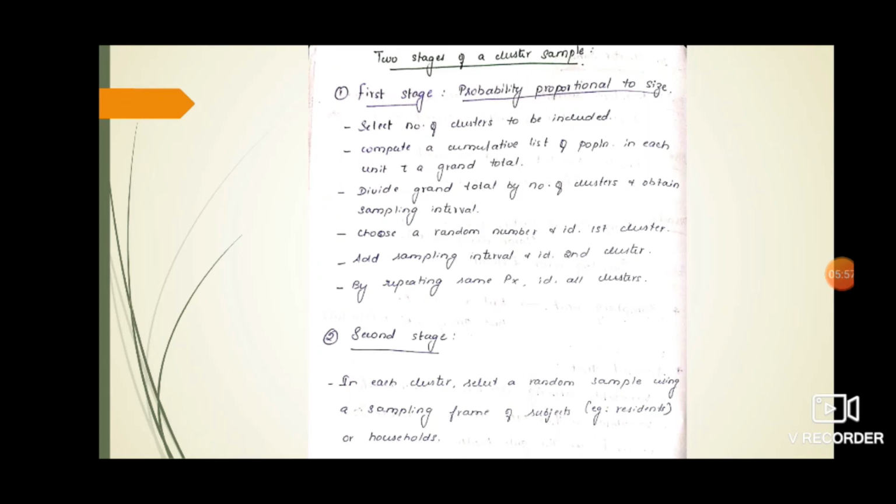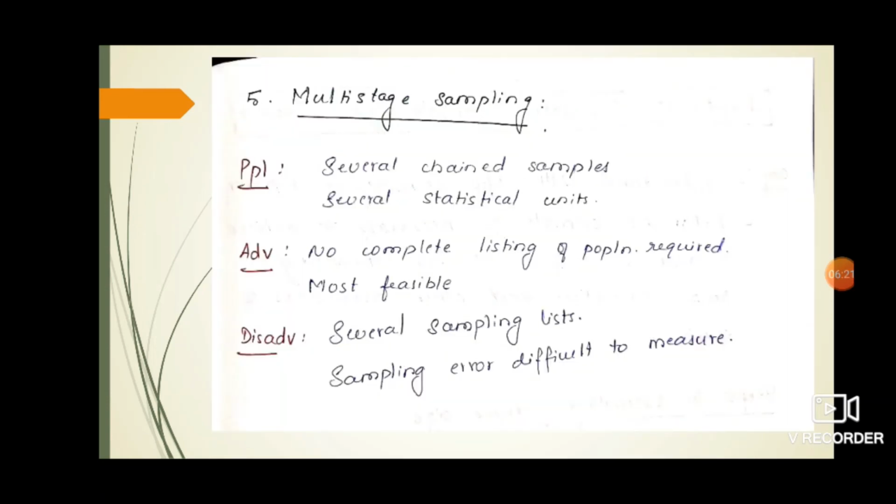Then add the sampling interval to identify the second cluster, and repeat the same procedure to identify all the clusters. Second, in each cluster we select a random sample using a sampling frame of subjects, for example a resident, a household or schoolchildren.